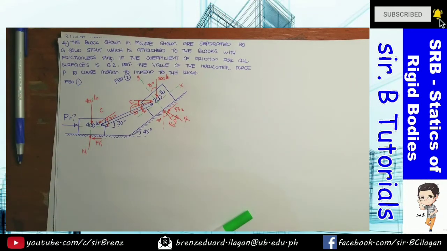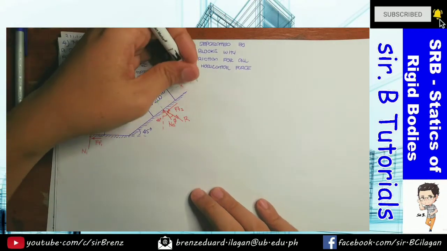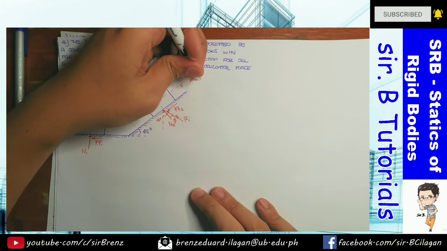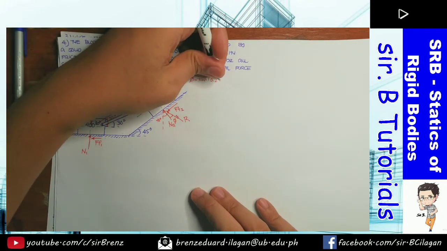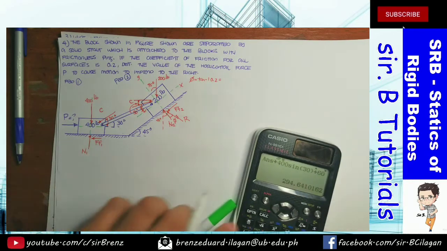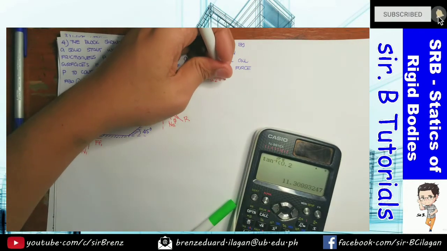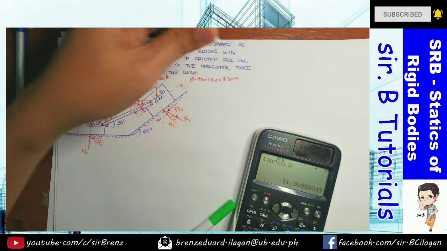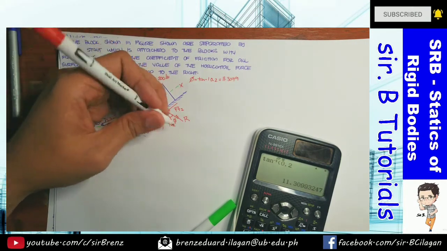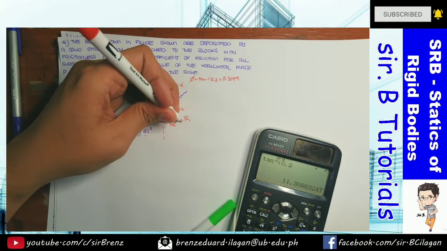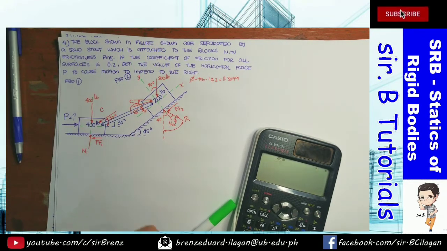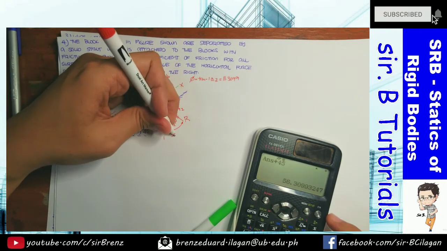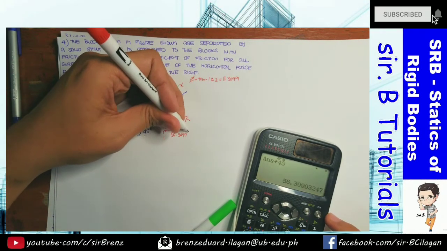Okay, so to solve for phi, phi is just equals to arctangent ng frictional resistance na 0.2, or that is given as 11.3099. So itong angle na to, plusan mo lang ng 45, or that is 56.3099 degrees.